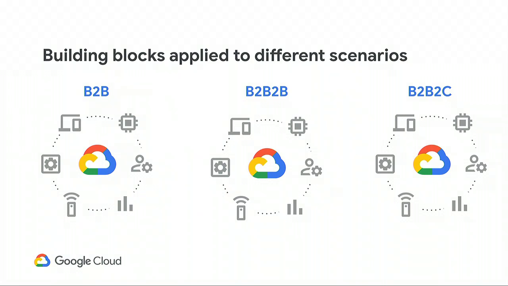The first B is always the IoT or cloud service provider. So in our case, it's Google Cloud, and then the second B is our customer, and many times our customers operate a service, some sort of SaaS service, an IoT solution using our infrastructure, and sell these services either to businesses or consumers.